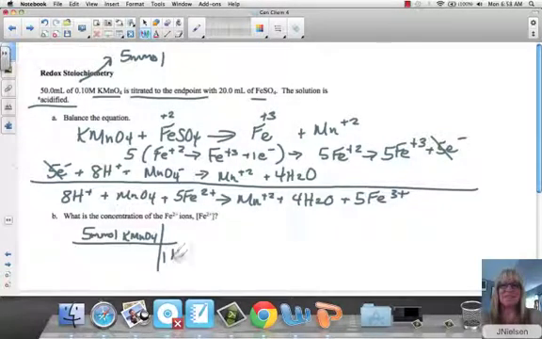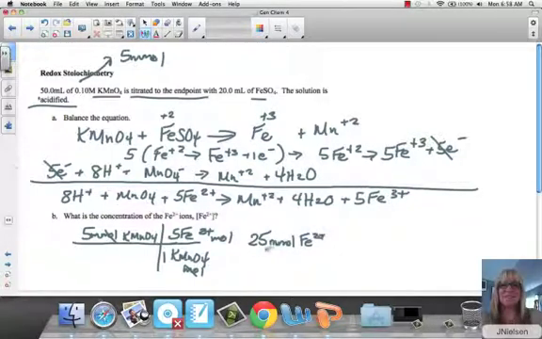I have 1 KMnO4 in my equation, and that's going to 5 Fe2 plus moles. So 5 times 5, I'm going to have 25 millimoles of Fe2 plus.